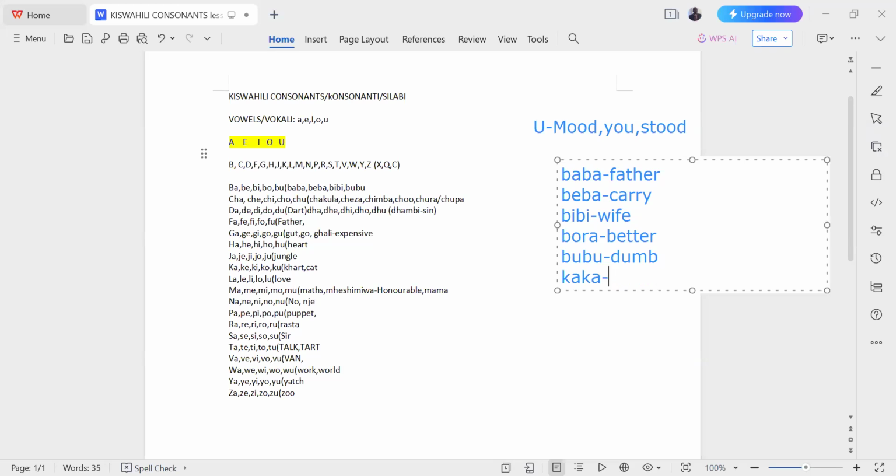You see, we have brother, it's called ndugu, and you have sister, it's called dada. When you want to talk, Kiswahili has a word where you refer to your brother and sister in a general word without either. This word kaka means a brother or sister. It doesn't specify the gender.